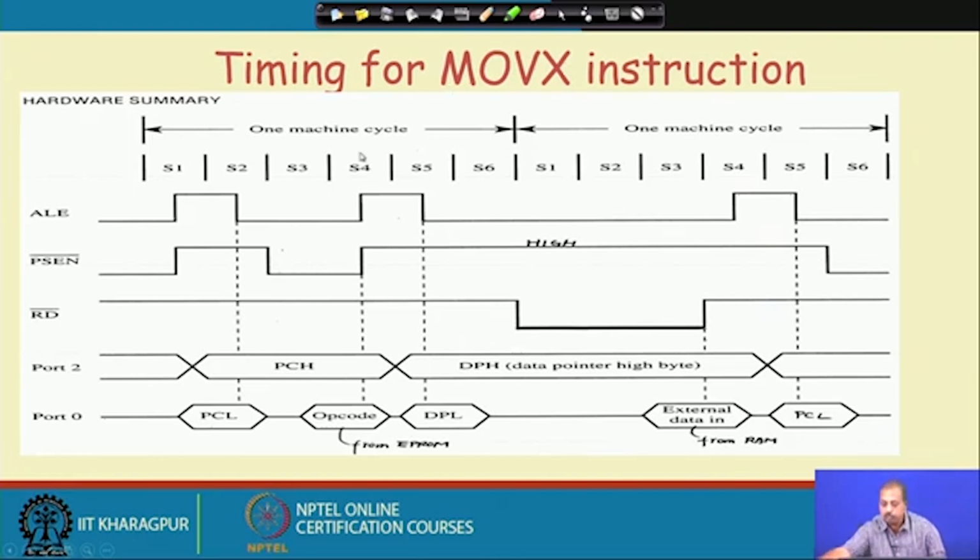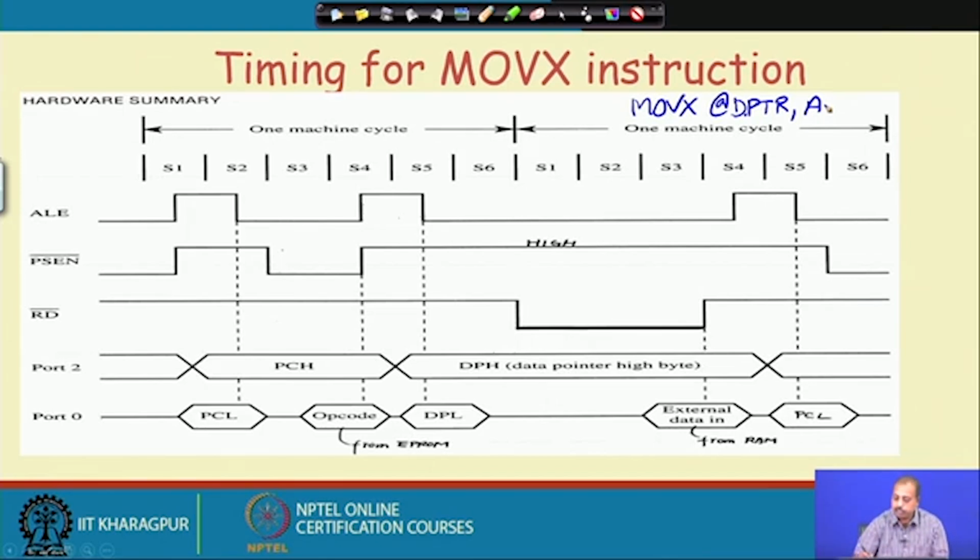We will look into this MOVX instruction in detail later, but essentially its format is something like this: MOVX @DPTR, A. It is for getting the data from the A register into the memory location pointed to by the DPTR register pair.